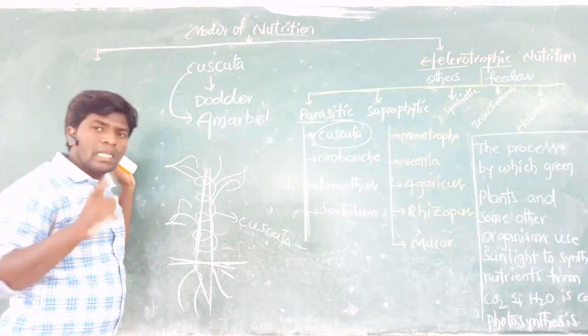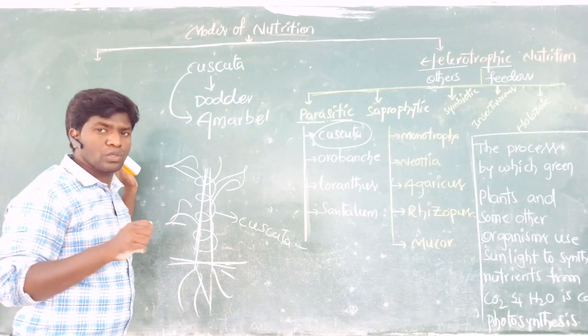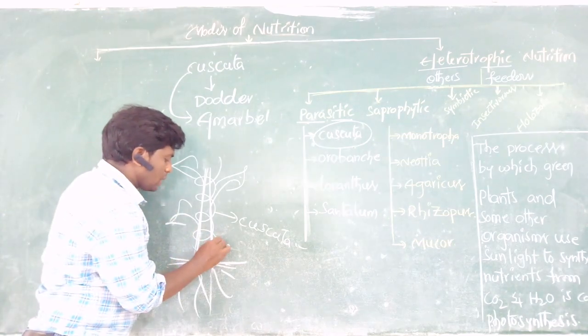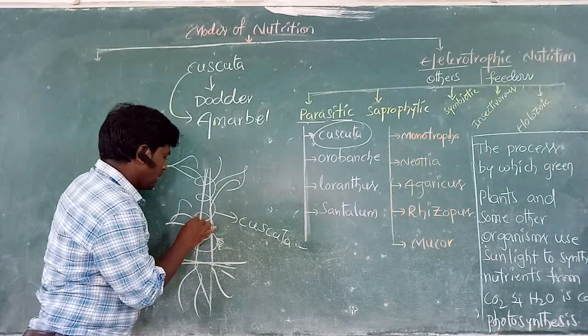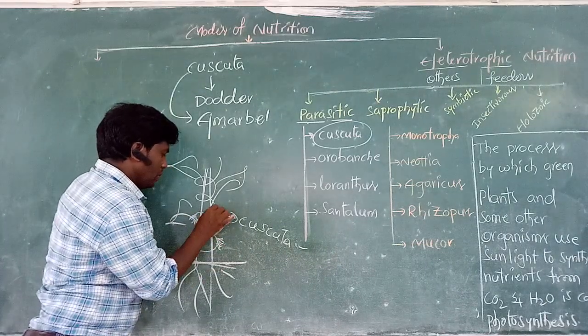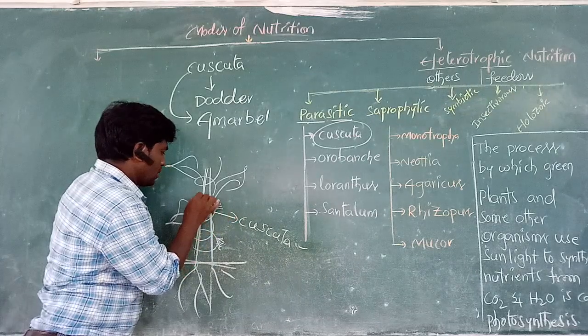Actually the Cuscuta plant doesn't have roots. It is a rootless plant, but some hair-like projections arise from its body, the Cuscuta body.